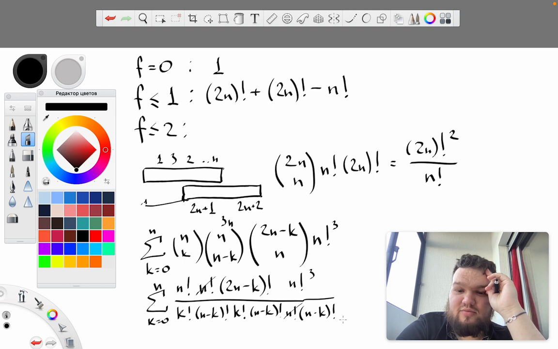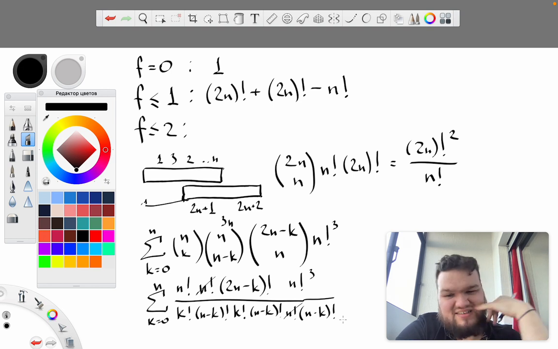This is not helpful. I guess I have a better chance of coming up with some combinatoric meaning for this thing.